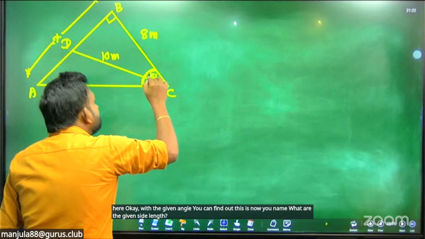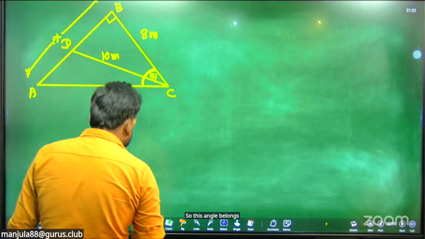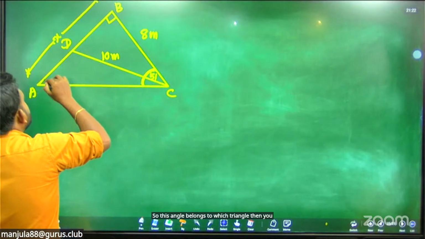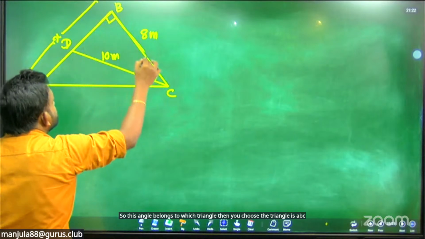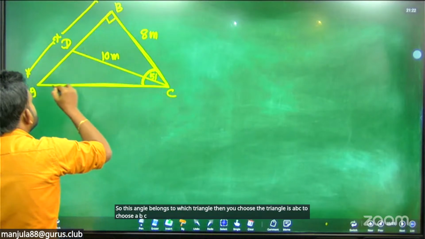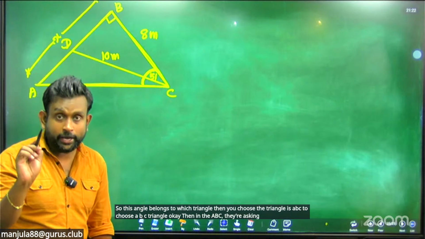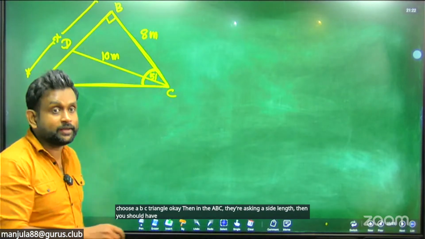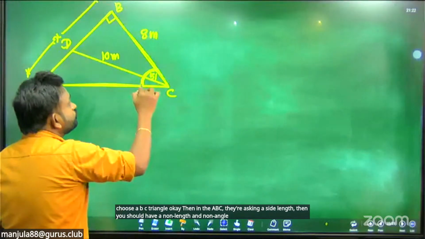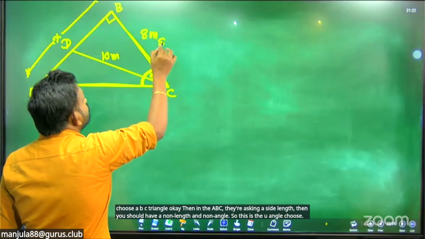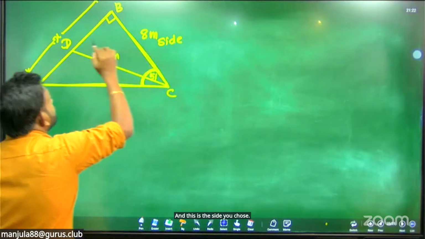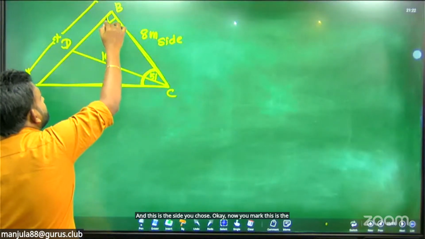This angle belongs to which triangle? You choose triangle ABC. In ABC, they are asking for a side length, so you should have a known length and a known angle. Now you mark this is the side they're asking and this is the 90 degrees.